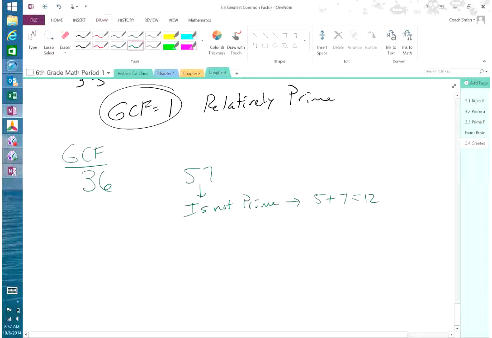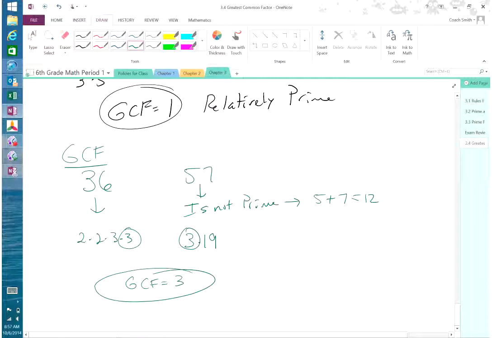So 19 times 3 is the prime factorization of 57. Now you have to do the prime factorization of 36, which is 2 times 2 times 3 times 3. The one they have in common is 3. So the GCF is equal to 3.